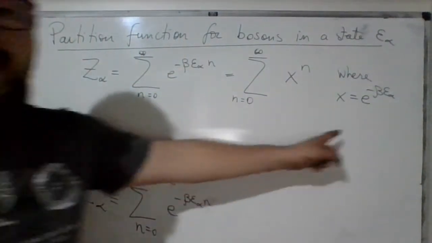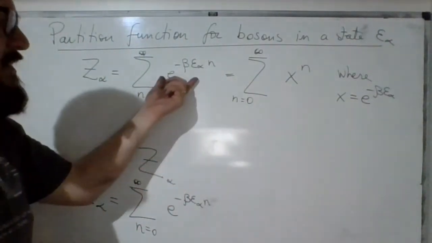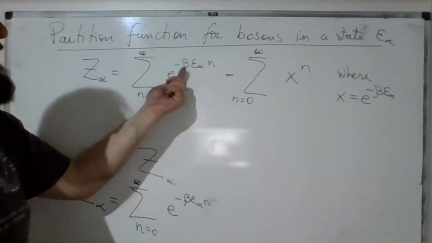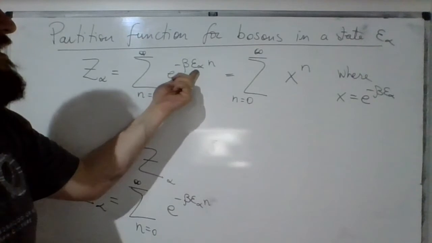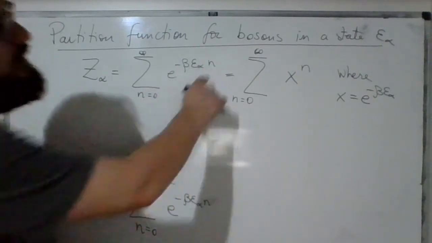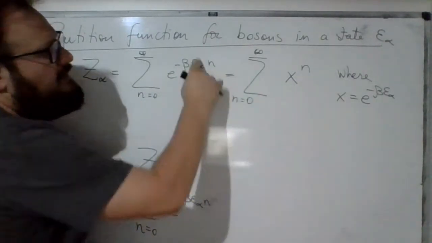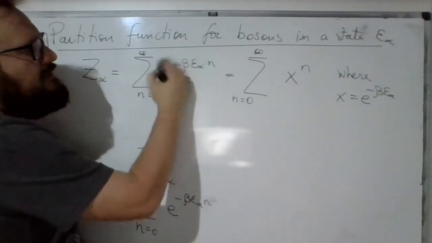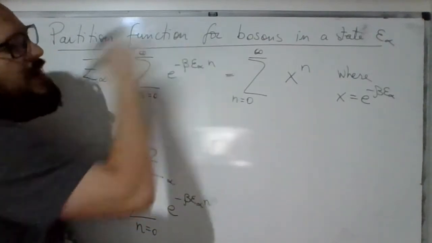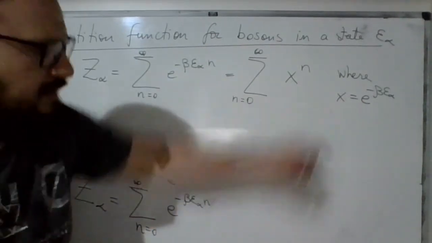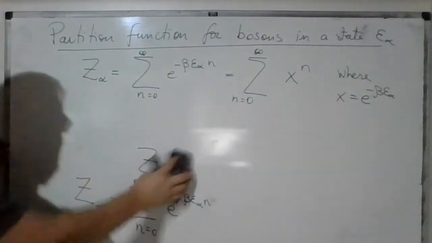Why is that? Just because the exponential n times the exponential of minus beta e alpha, if you multiply this, is the same as just exponentiating this object here to the power n. So this is another notation.